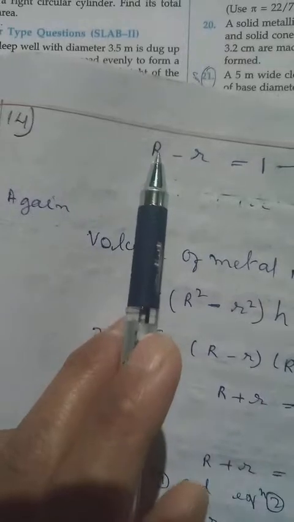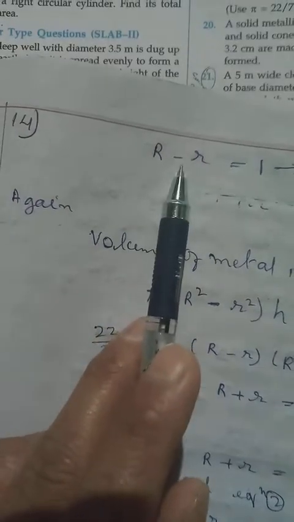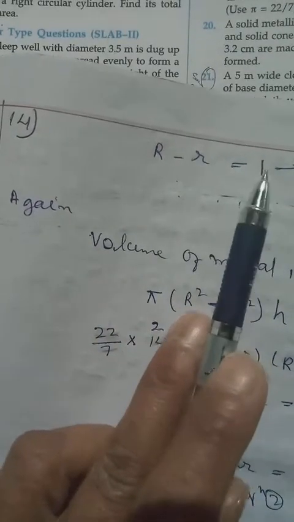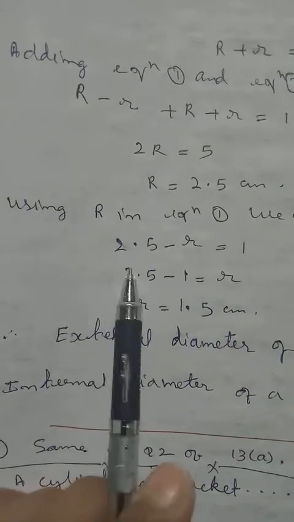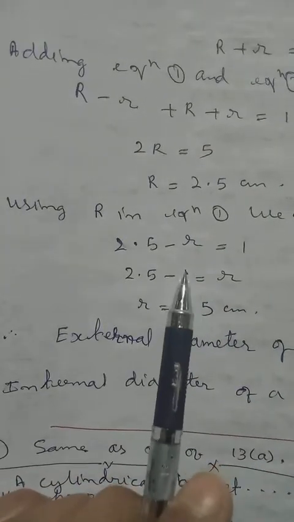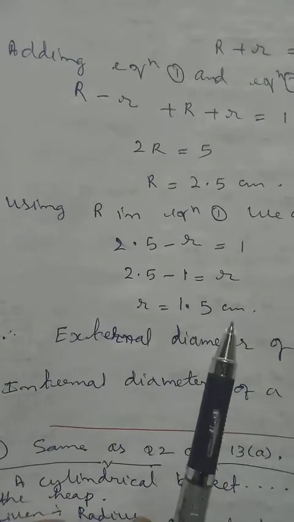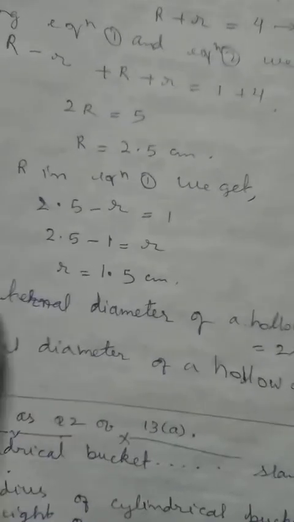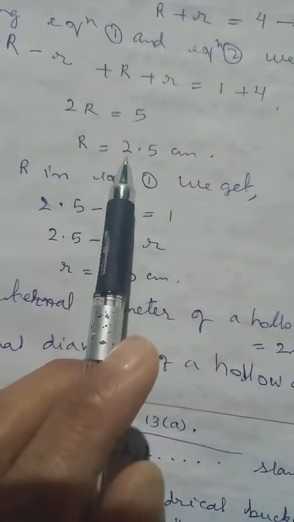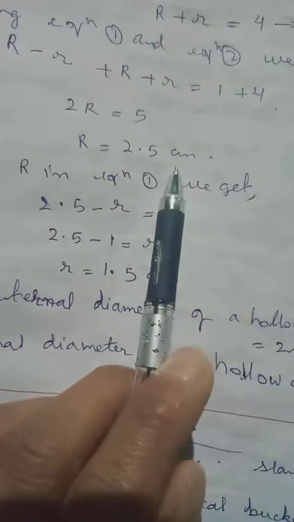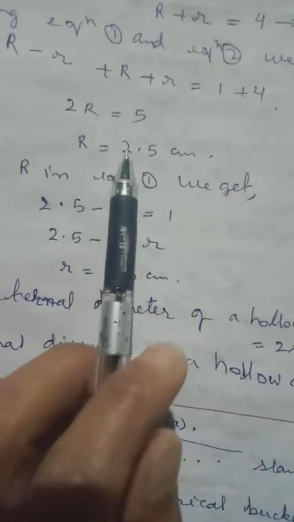In order to get small r, we replace R in equation 1 with 2.5. Taking the minus side it becomes plus, and the plus moved to the other side becomes minus. So 2.5 minus 1, we get 1.5. That means r equals 1.5. So we get the external radius to be 2.5, and the diameter will be double of this, that is 5 cm.